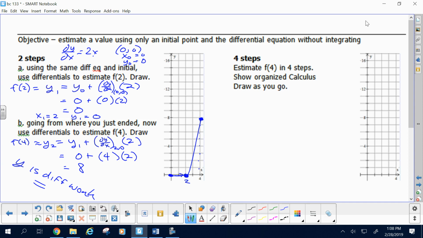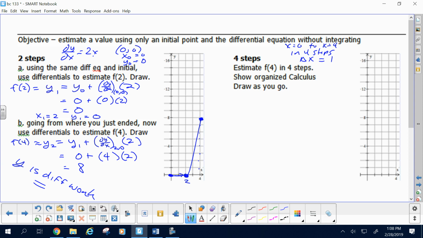Okay, if we go in 4 steps, we're trying to go from x equal 0 to x equal 4 in 4 steps. Let's first establish our delta. What's delta x? 1 unit. All right. If we go 4 units in 4 steps, we're going to go 1 unit each time. That's the first thing you're going to do, find your delta. All right.